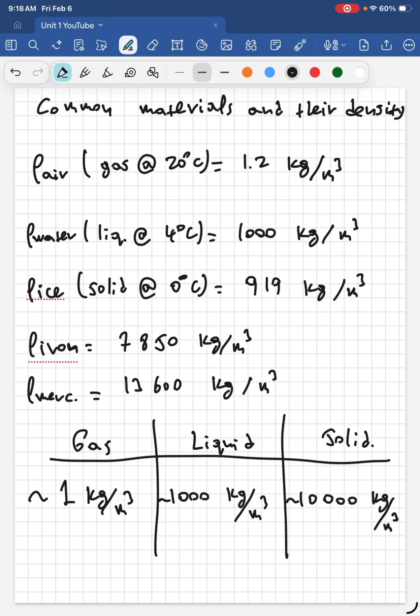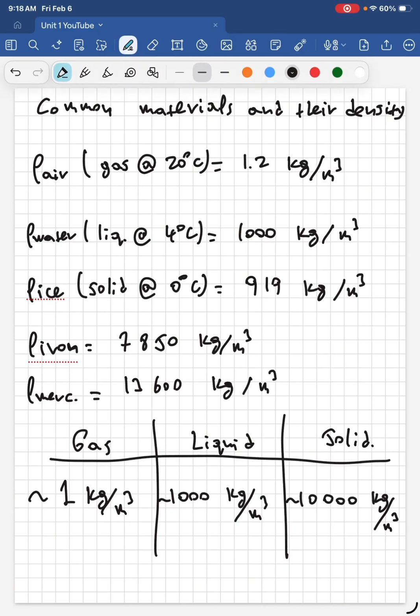And this is just for estimation purposes, in case you calculate something, for example, and you find it to have a density of 1 million kilograms per cubic meter. That's impossible. Okay, nuclear matter has a really high density, but this is not the point of this lesson, okay?